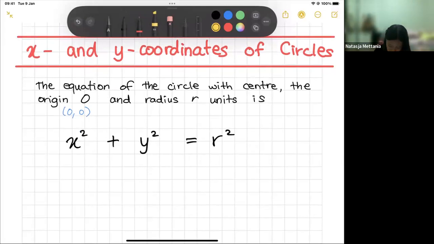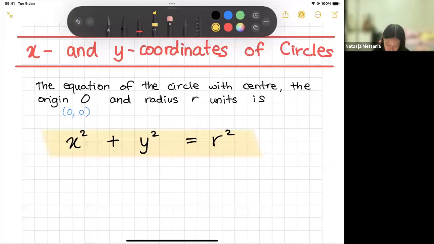Have it highlighted in your books, underline it, box it, up to you. This is an important equation because it determines if it is a circle or not.